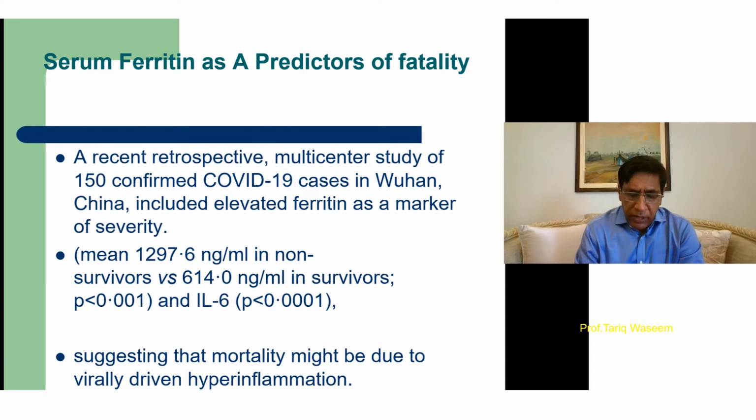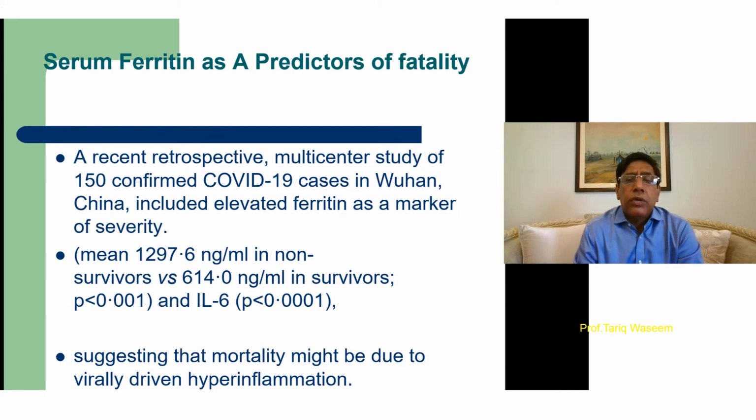So a multi-center trial from Wuhan, China, included elevated ferritin. They said that elevation in ferritin level can be considered a marker of severity. One of their studies showed that among those who were put on ventilator, those who survived and those who did not survive had a marked difference in the level of ferritin.